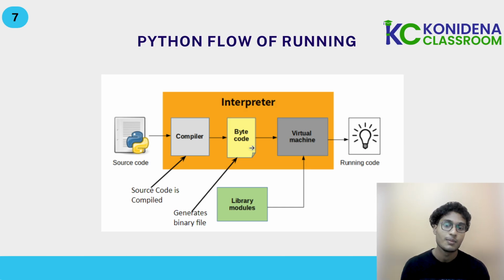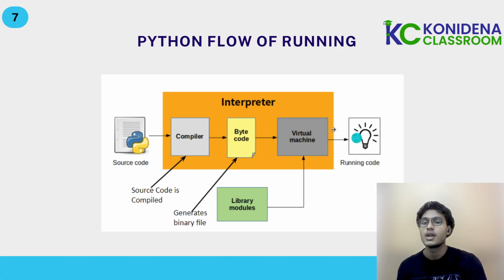So that's a byte code, a binary file, and that is going to get run with a machine. In this case, I have put virtual machine. It can also be a local machine. And then that machine, if it wants any modules, it can use them, or else it cannot, but it will run the code. So this is why it is called an interpreted language.